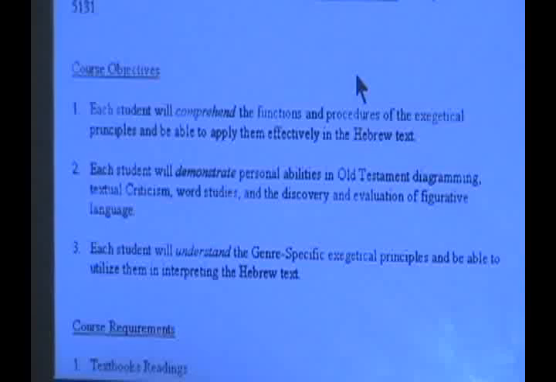Okay. And then you understand the genre-specific principles. Understand there's application involved too there, but it's not quite the same level of intellectual or cognitive attainment there.